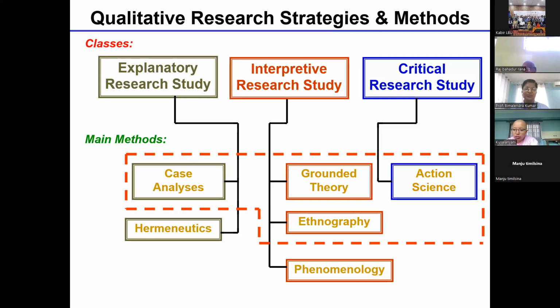Whenever a person makes a case analysis study of Buddhists, that comes under the explanatory research study. Then the interpretive research study has three: grounded theory, ethnography, and phenomenology. Grounded theory deals with things already taken, like the Four Noble Truths, the Eightfold Path, the law of dependent origination, the law of karma and rebirth, and other things.